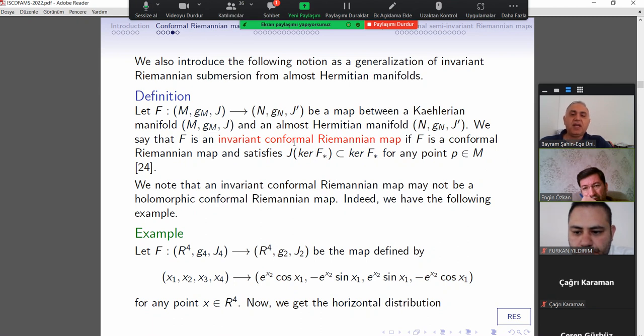So we have this example for this case, but here I need to emphasize that any invariant conformal Riemannian map may not be a holomorphic conformal Riemannian map. So there is a distinction between these two notions. Of course, if you have a holomorphic conformal Riemannian map, in this case your Riemannian map should also be an invariant conformal Riemannian map. But the converse is not correct generally.